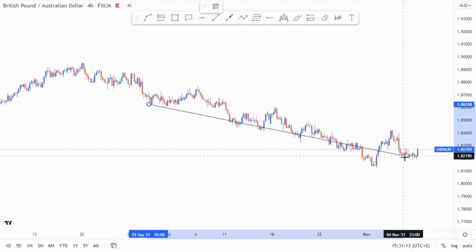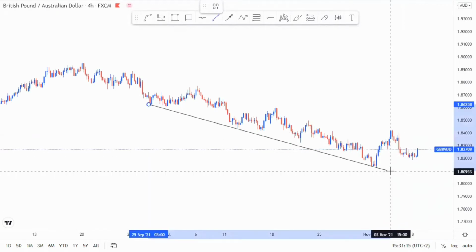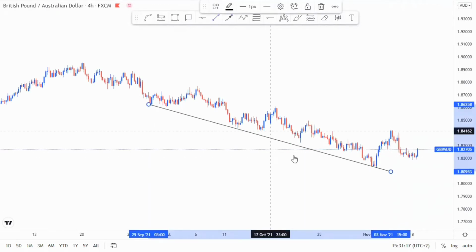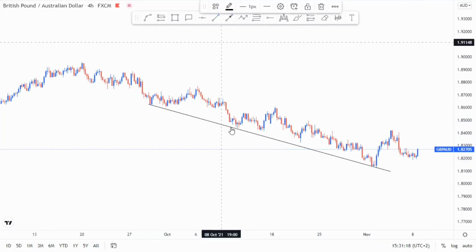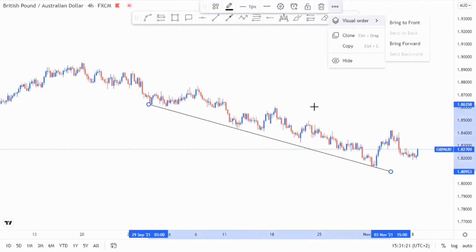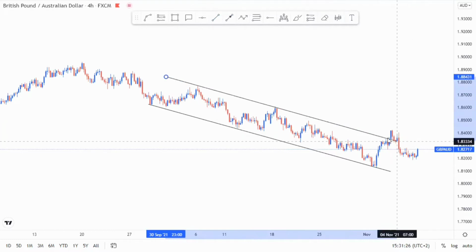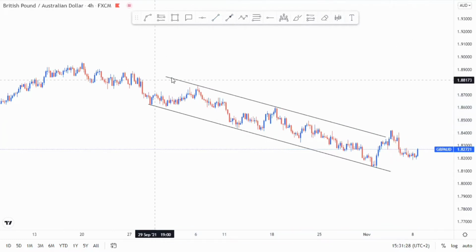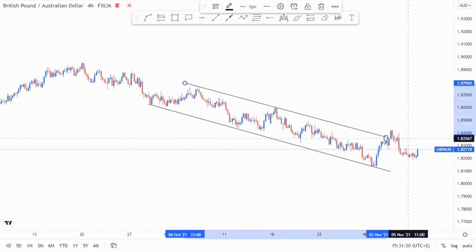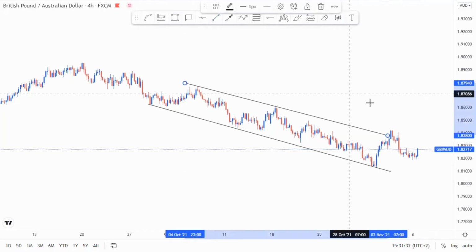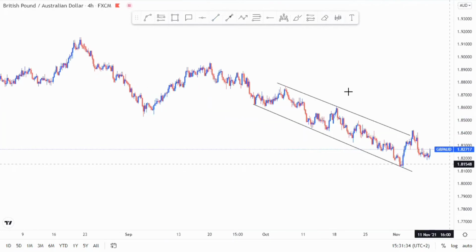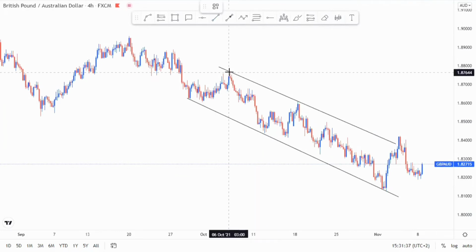And by identifying the pattern, I see that we have a 1, 2, 3 touch. And as I clone it, perfect. I see 2 touches, and the third touch is where it breaks out. So that is high confirmation of a buy, hoping to reach these areas.